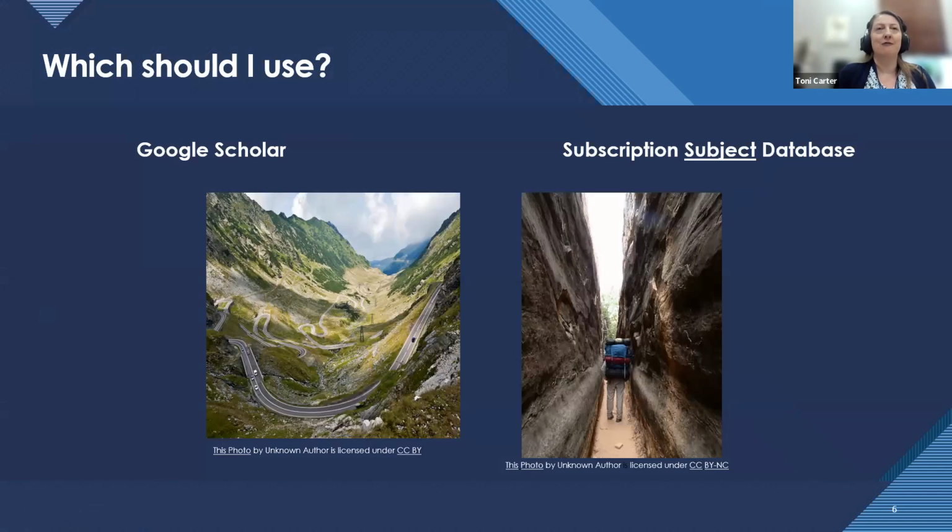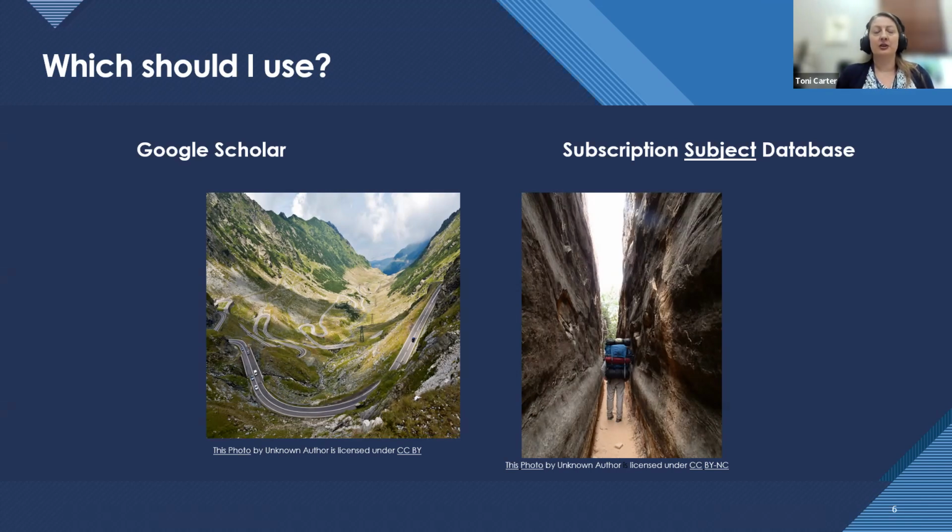This isn't an advertisement or commercial for the library databases, but I do think it's important to understand when you're searching Google Scholar and when you're searching a library database, how those are different. And I have subject underlined because we do have databases that are very broad, like Google Scholar, but we have subject databases, as you know, that are very specific: psychology, biology, philosophy, all of those.